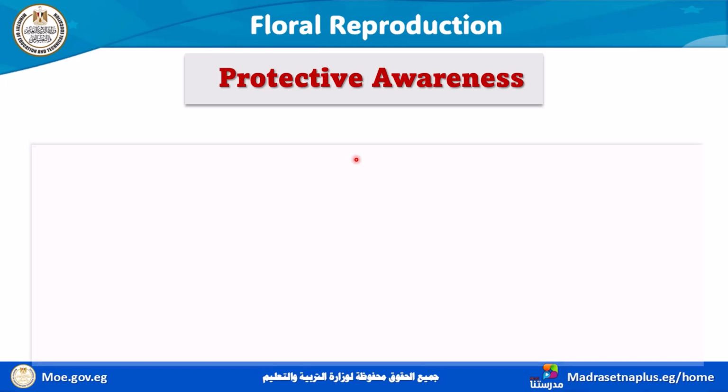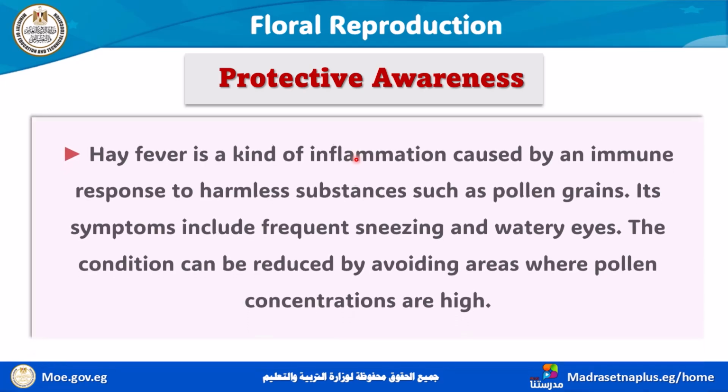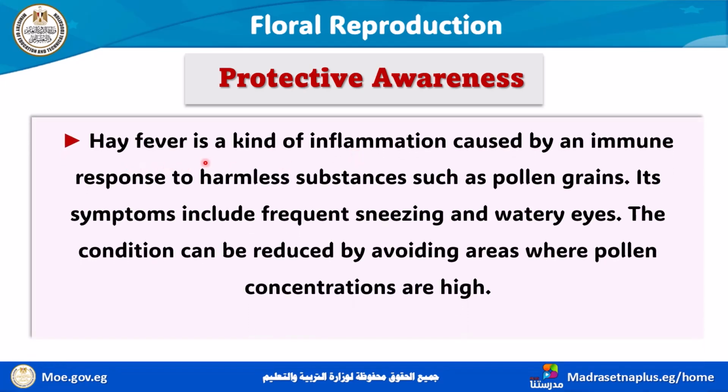Protective awareness. Hay fever is a kind of inflammation caused by an immune response to harmless substance such as pollen grains. Its symptoms include frequent sneezing and watery eyes. The condition can be reduced by avoiding areas where pollen concentrations are high.